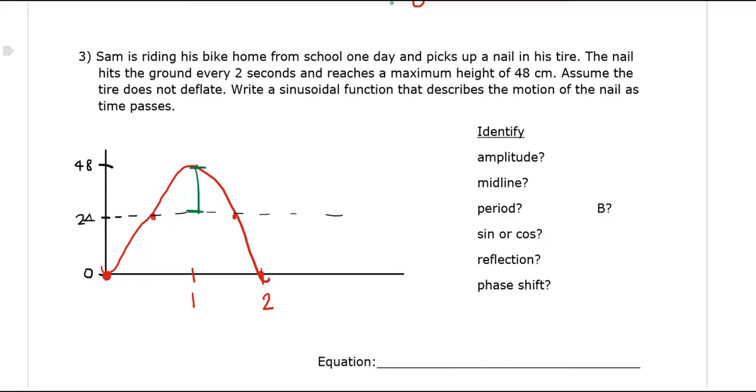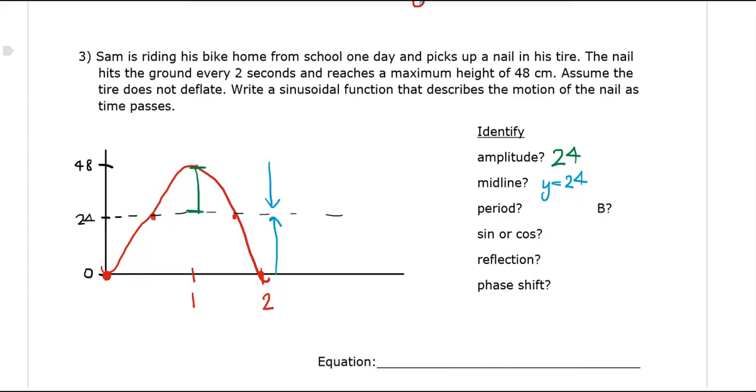And so that's going to be 24. And then now I can go ahead and find what the midline is. And the midline right here is very apparent. It's going to be that 24 because again, it's that halfway point between the maximum and the minimum of the graph itself. And so that's going to be y equals 24.